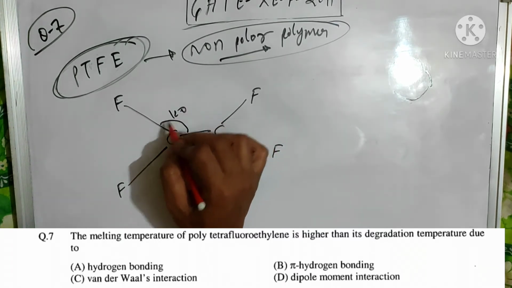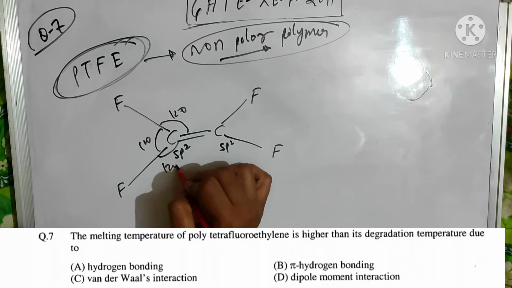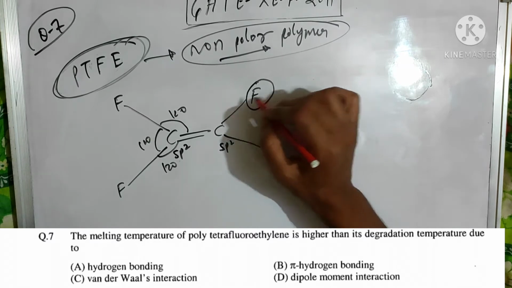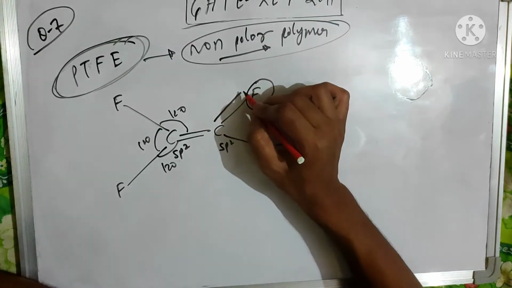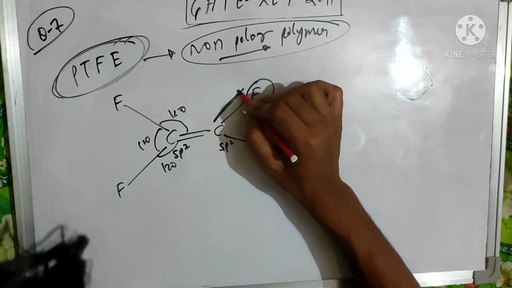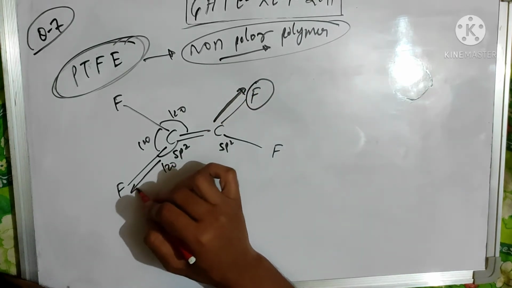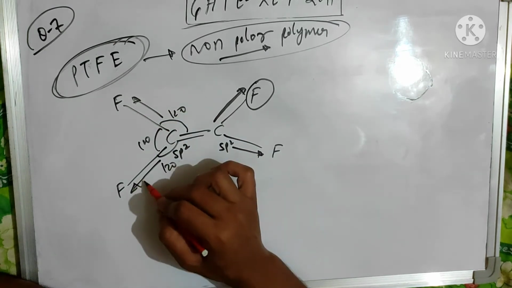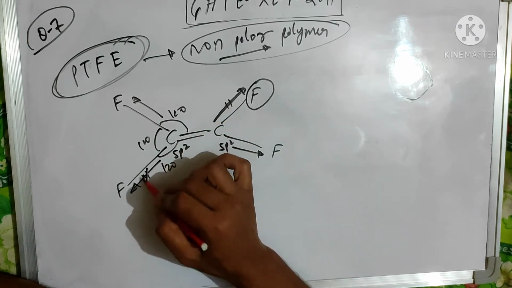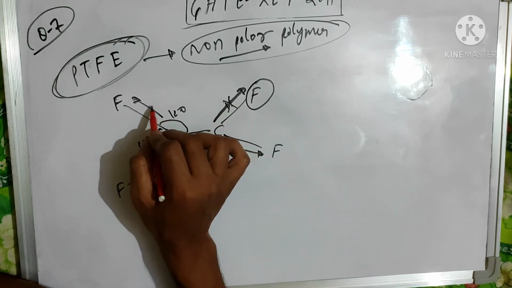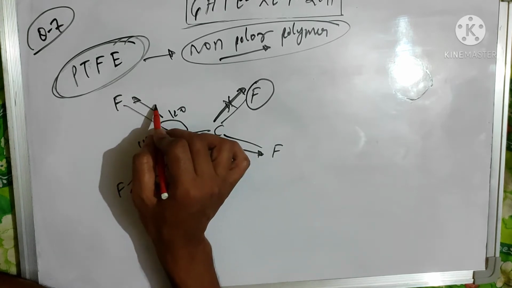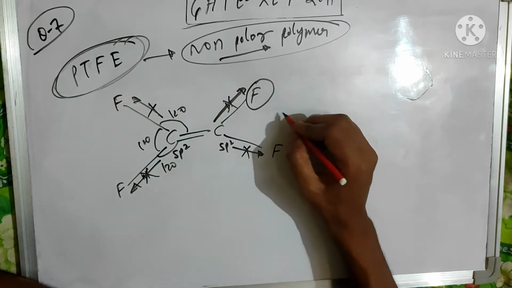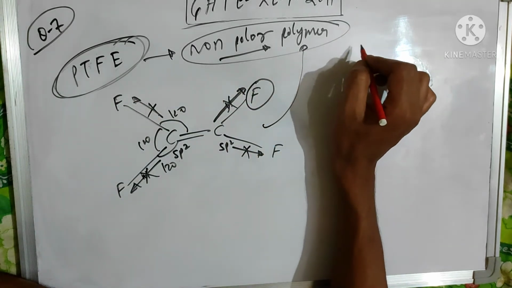So this angle is 120 and 120. Fluorine is the most electronegative element in the periodic table, so the dipole moment direction is from the carbon atom to the fluorine atom. Here is the same, here is the same, and here is the same. You can see these two dipole moments are opposite in direction, so they cancel out each other, and similarly these two dipole moments are opposite in direction, so they cancel out each other, and the polarity will cancel out, so it comes under non-polar compounds.